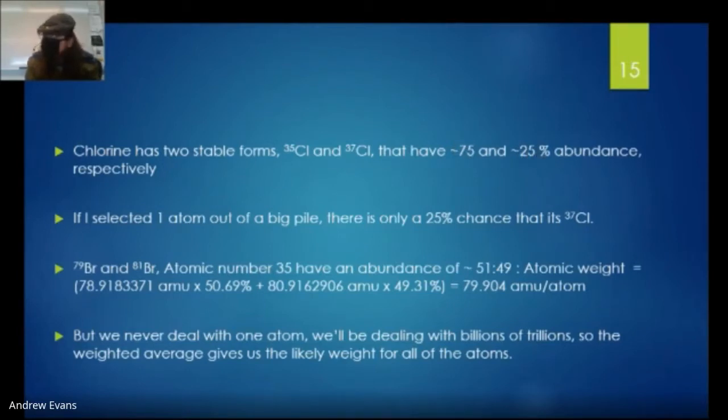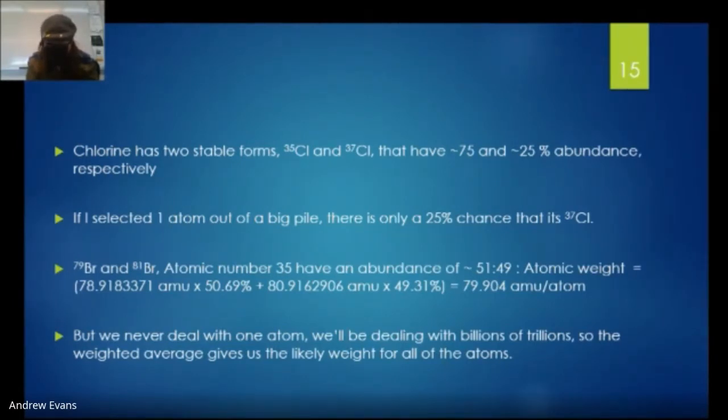So if you collected a jar of 20 chlorines, 25% of that would be chlorine 37. So 5 out of those 20 would be 37. The remaining would be 35. So if I wanted to take the average weight of those 20 atoms, I would have to figure out the weighted average to account for that.